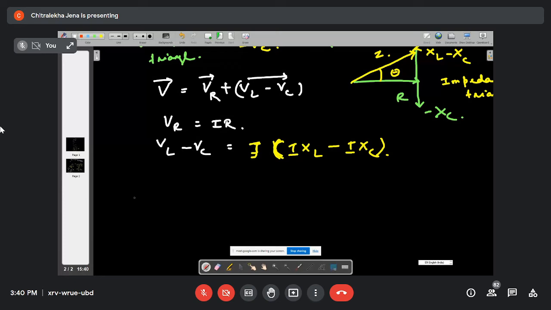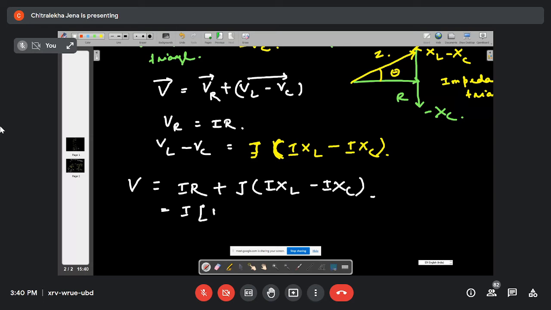So V will be equal to how much? V is equal to I into R plus J I into XL minus I into XC. Understood all of you? So this is equal to I into R plus J XL minus XC.